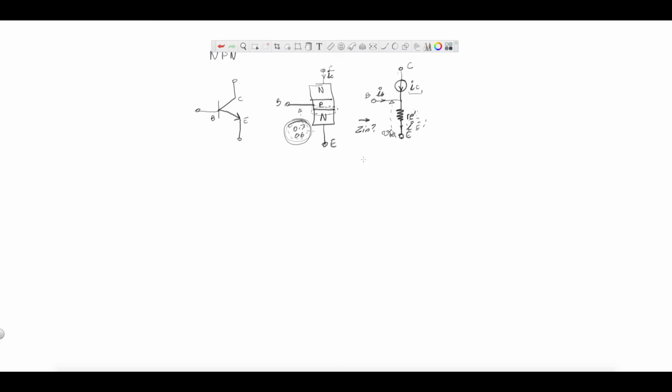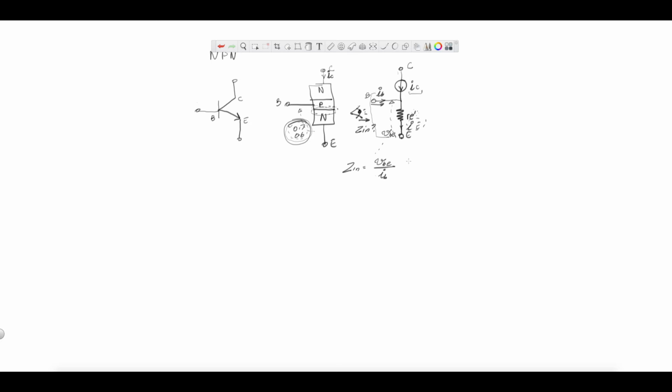So we have a voltage drop there. We can conclude that Zn, applying Ohm's law, will be equal to VBE divided by the current coming in seen from here. Here's my current, going into the system, so I am basing it on that current as my reference, so I'll put IB here.